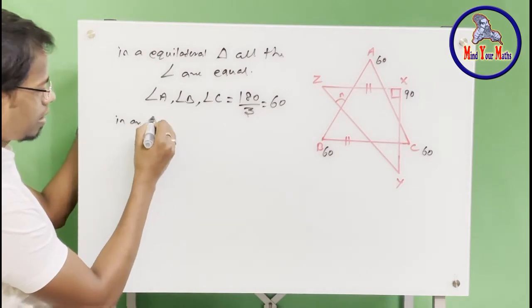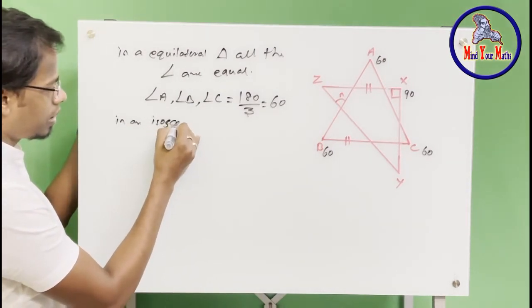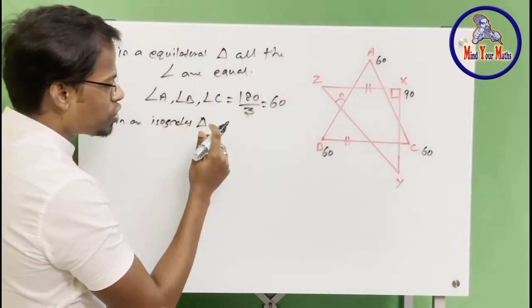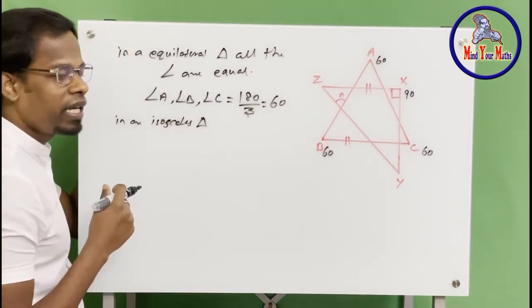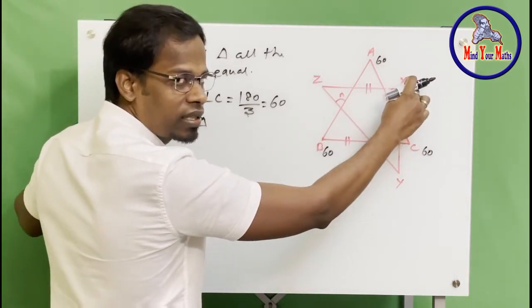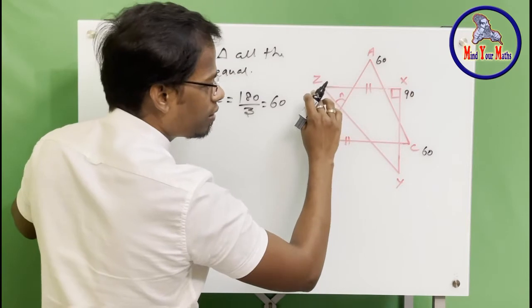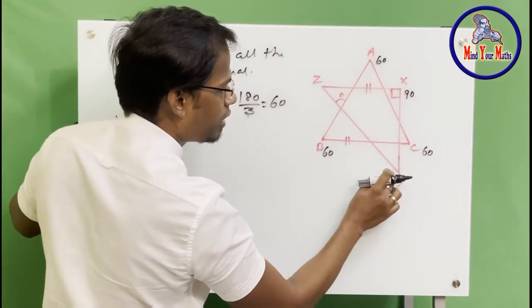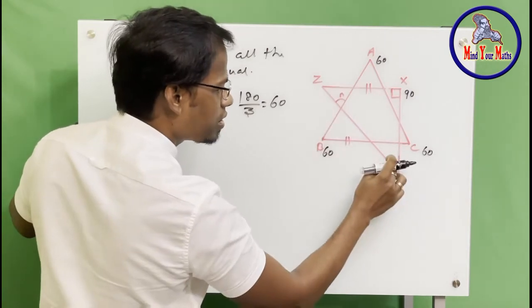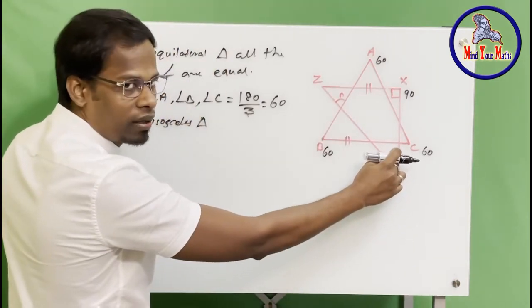In an isosceles triangle, the two opposite angles are equal. This is the vertex angle, and the opposite angles are these two. These two are equal.